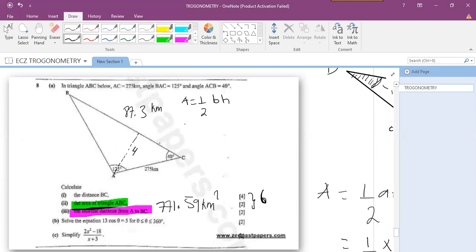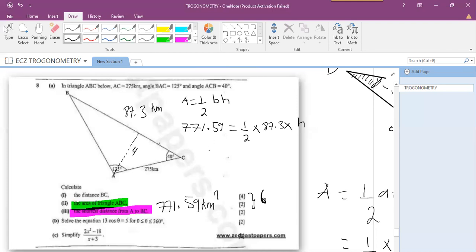The area we calculated, so where there is area we substitute 771.59 equal to half. The base is 87.3, because they said BC, that's the base. So multiplied by 87.3, multiplied by the height which we want to find.